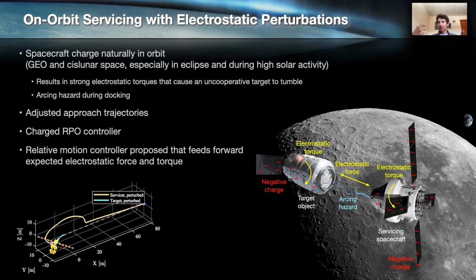As a result, if you want to maintain a constant relative orientation between your servicer and the target, you will have to translate around the target object in order to maintain that constant orientation. So if you're trying to dock, for example, and the target starts rotating or tumbling away, then you will have to follow that orientation with your servicer.